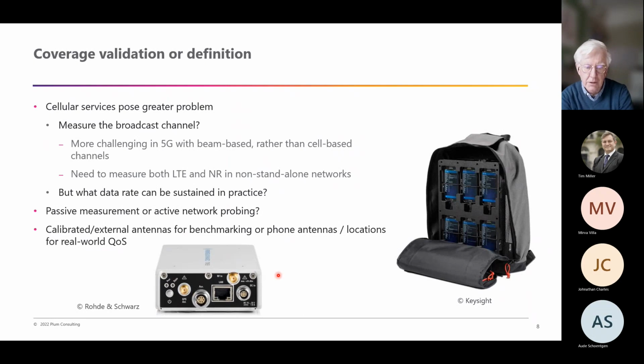And a lot of measurements made of cellular networks are passive, but as I say, you also need to understand the impact of cell loading. And in high traffic areas, it's very often the case that operators may be wanting to deploy and densify networks with additional nodes. And this really calls for an understanding of the constraints due to other users of the network. And to get a handle on that sort of issue, you really need to be doing active probing of the network.